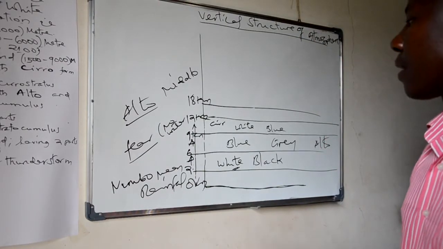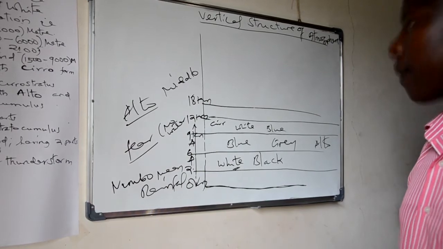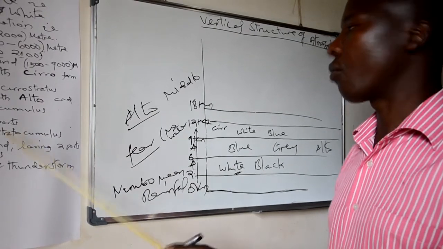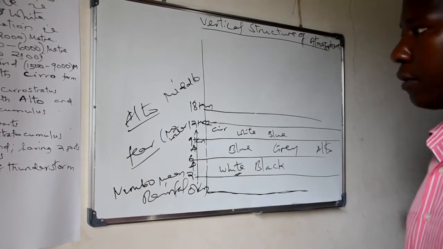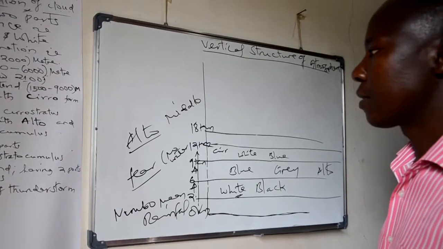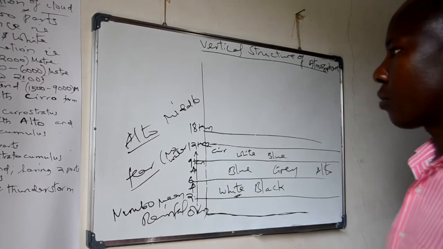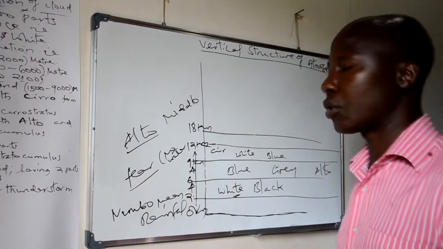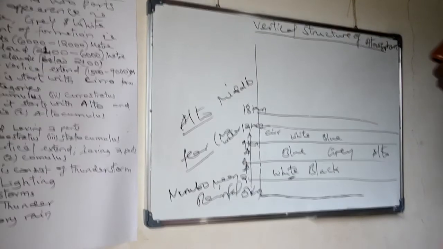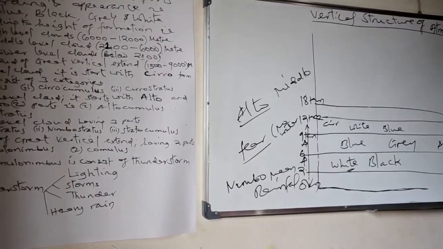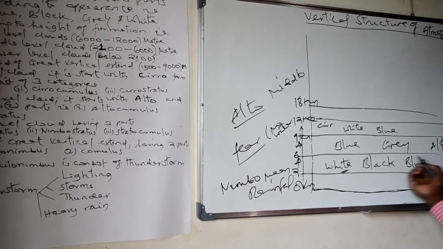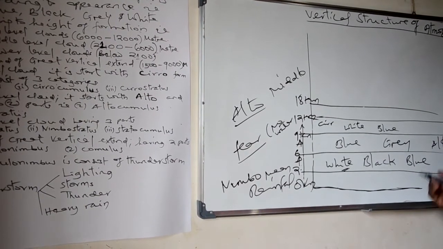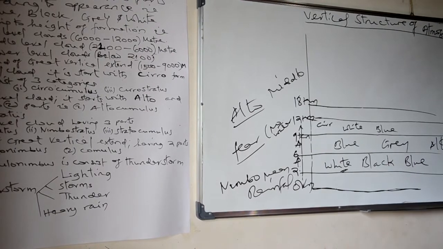Therefore, this is the kind of cloud which takes place at the low level and can cause the formation of rain. But stratocumulus is the kind of cloud formation that takes place at the low level of cloud formation, and they are blue in nature, which indicates fair condition. Most clouds which are blue indicate fair weather.